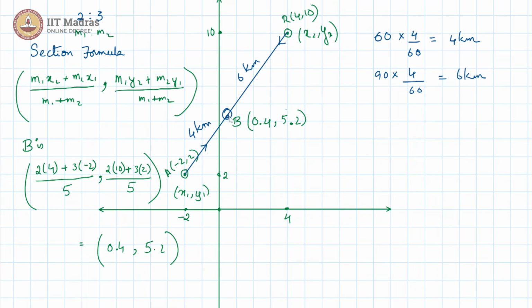We can check with our intuition. This point that we marked out actually has an x coordinate between 0 and 1 and a y coordinate between 5 and 6. So the point we are looking for is 0.4 comma 5.2.